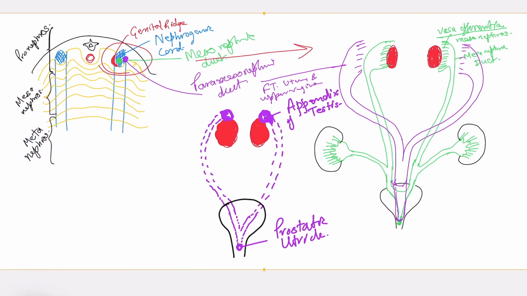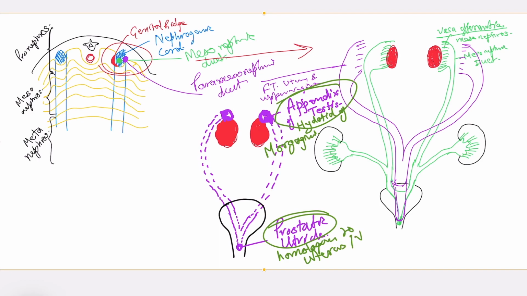Remember one other important point about the appendix of testis, this can be an MCQ in future: it is also called the Hydatid of Morgagni. Prostatic utricle is homologous to the uterus and vagina in males.